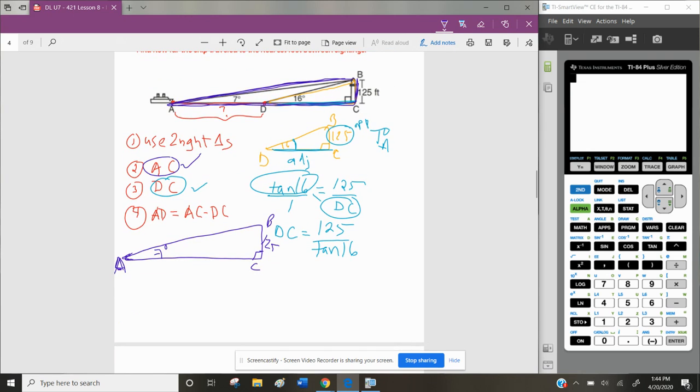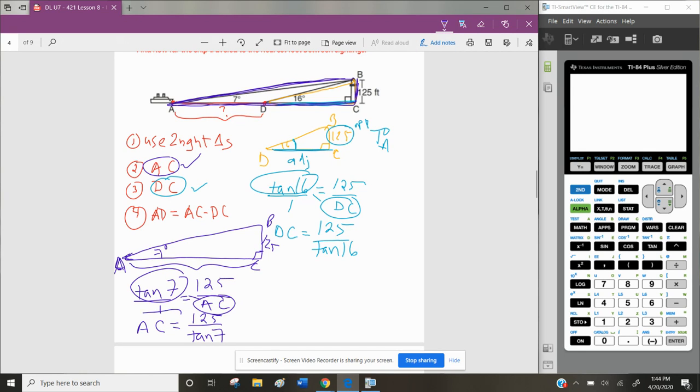That's partway, and once I get these two answers here, we're going to subtract them. So now I want all of AC, and I'm going to be using tangent again. Tan of 7 degrees equals the opposite 125 over the adjacent AC, which I want to know. And again, we're going to switch the positions of these two things. AC equals 125 divided by the tan of 7.